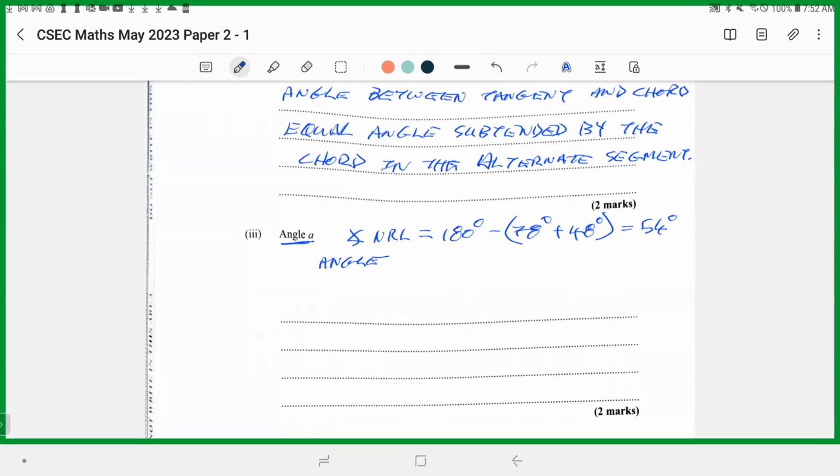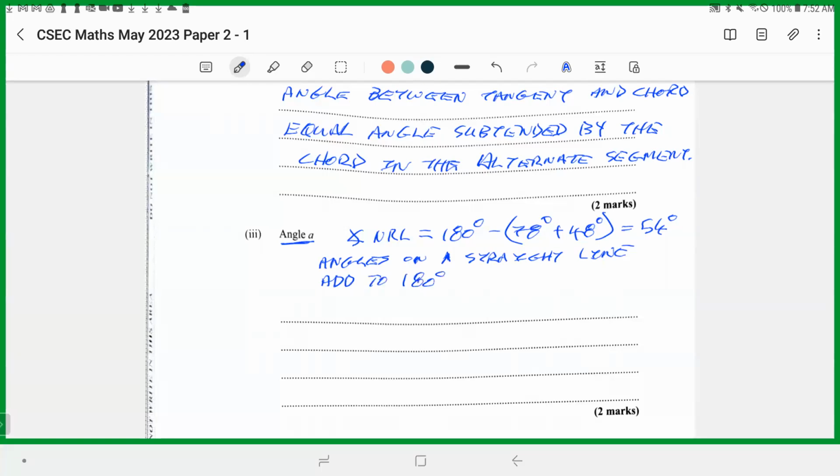Angles on a straight line through a point add to 180 degrees.